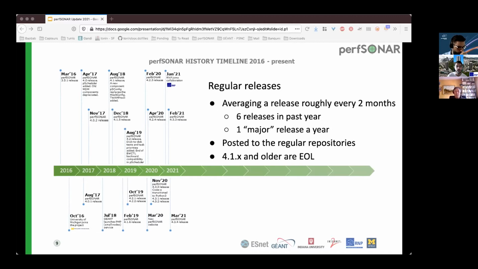But what's worth noticing is that we're currently averaging a new release every 2 months. That is with one major release, and that's actually our target, to have at least one major release a year, and any bug fix and security release as soon as possible.